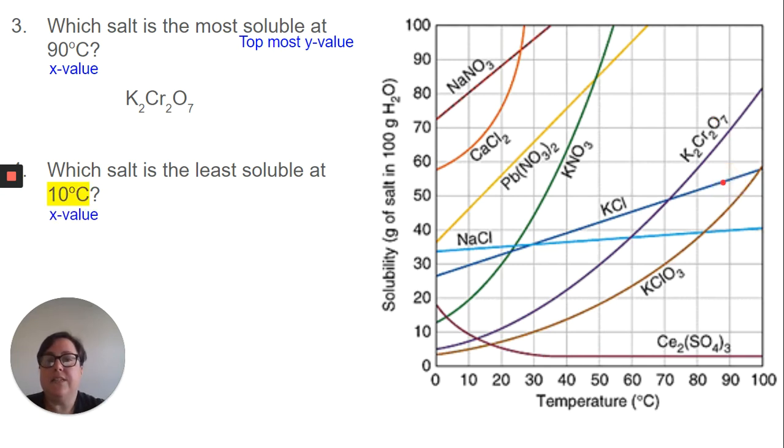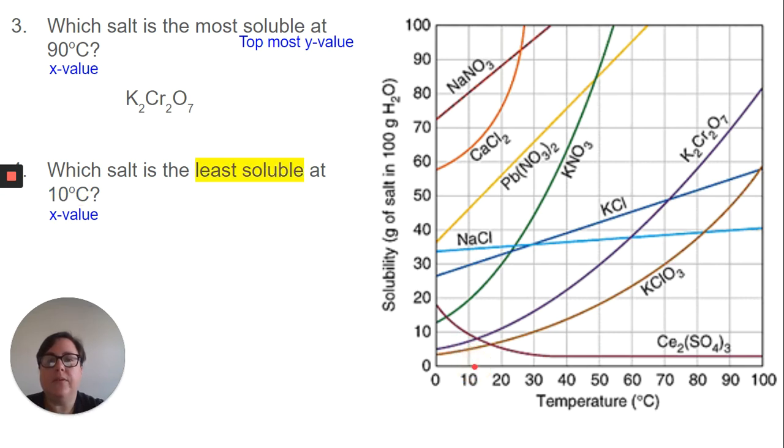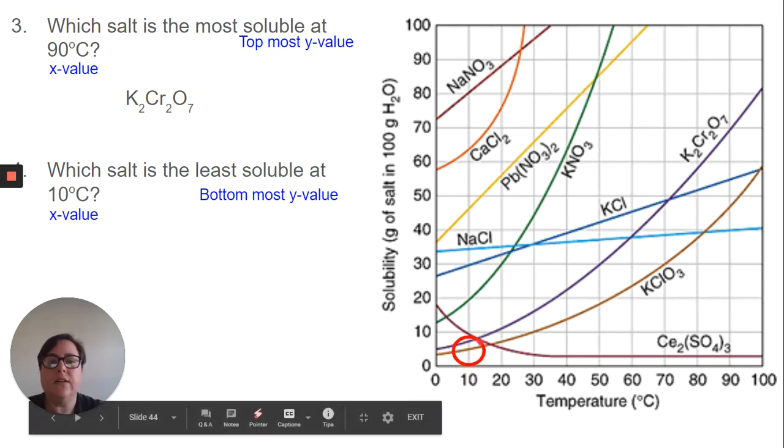When it says 10 degrees Celsius, we're looking down here at this X value. Least soluble means the bottommost Y value. So we want the least soluble, we want the least amount of grams dissolved. So we focus in on the bottom line. This curve right here is for KClO3.